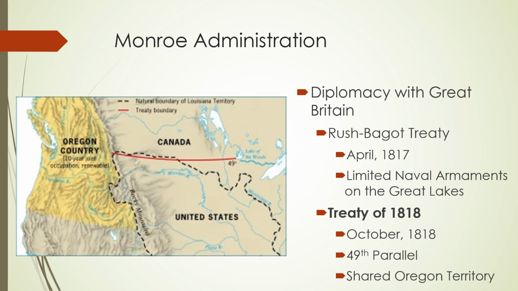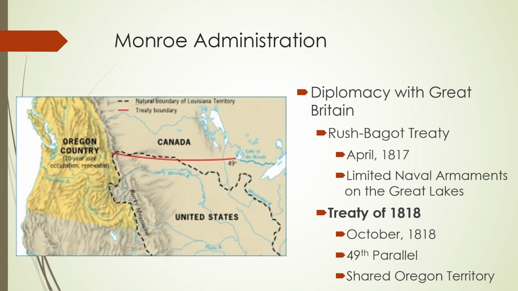Now everything on the other side of the Rockies, north of California belongs to Spain, but everything north of California across the Rockies, we call the Oregon country or the Oregon territory. This is actually going to be shared between Britain and the United States.